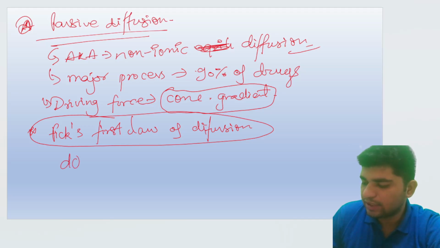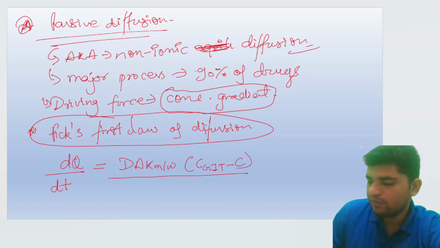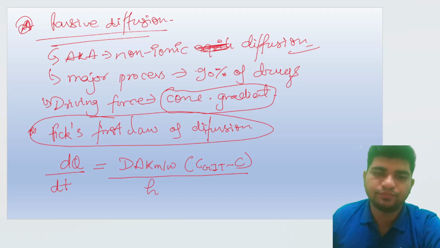It says that the rate of diffusion is directly proportional to the diffusion constant, surface area, partition coefficient, as well as the concentration gradient, but inversely proportional to the thickness of the membrane.